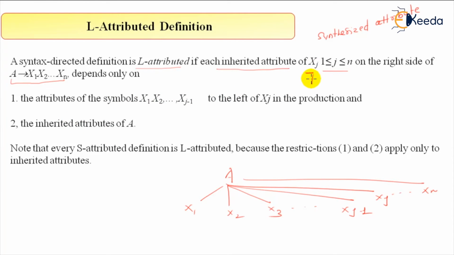Each inherited attribute xj depends upon the attributes of the symbols x1, x2, up to xj minus 1.